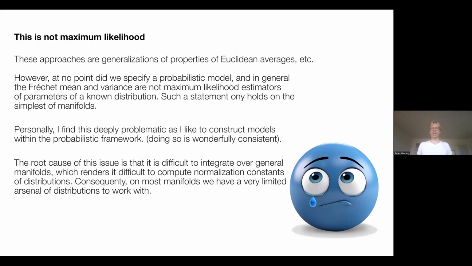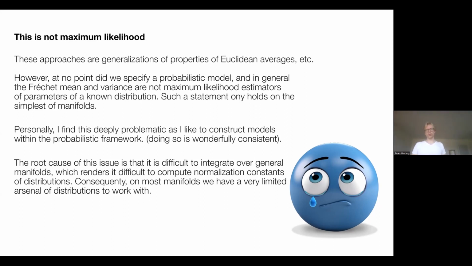So we kind of take it for granted when doing Euclidean statistics that we know normalization constants of various distributions. So for instance, if you work with the normal distribution, you readily use that the normalization constant of that normal distribution is known in closed form. On manifolds, this is very, very rarely the case.